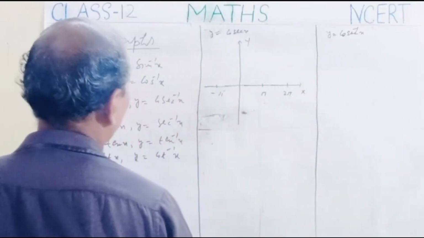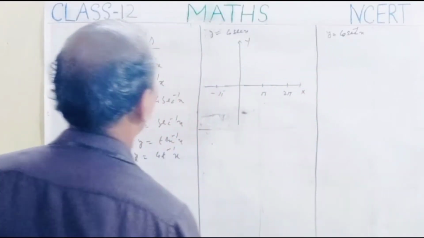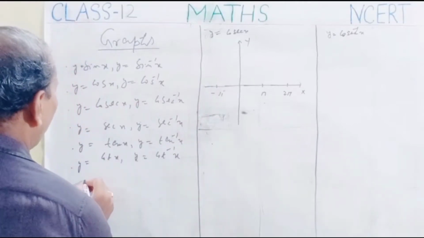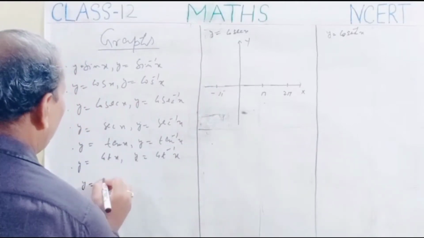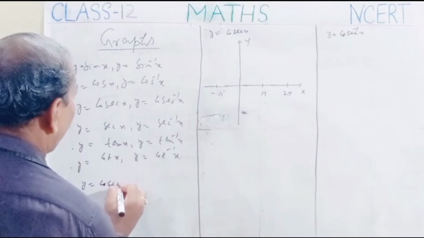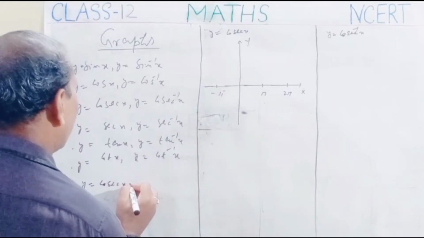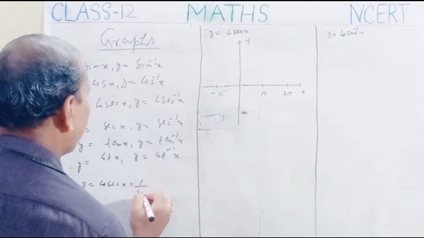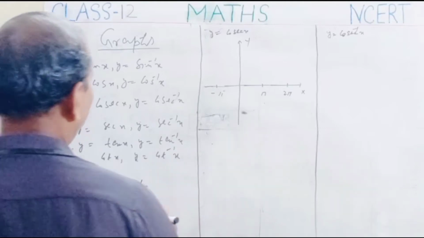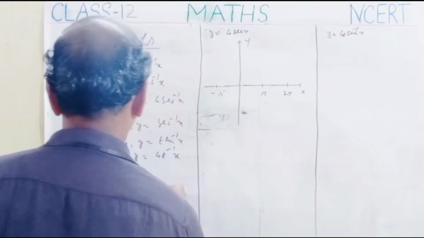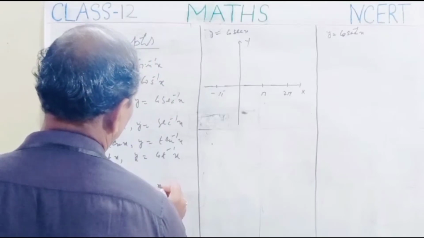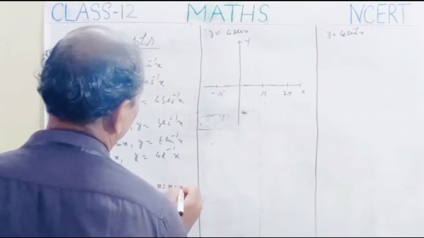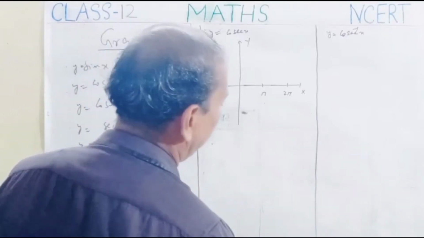So y is equal to what? Cosec x, that is equal to 1 upon sin x. So this is not defined at what? This is not defined at x is equal to n pi. For n pi it is not defined.